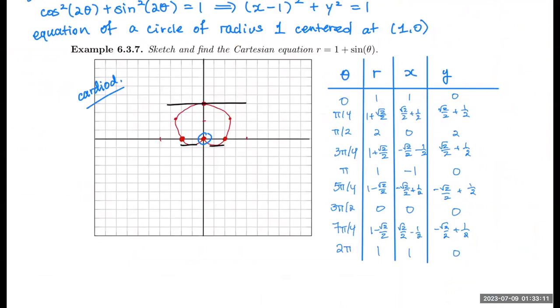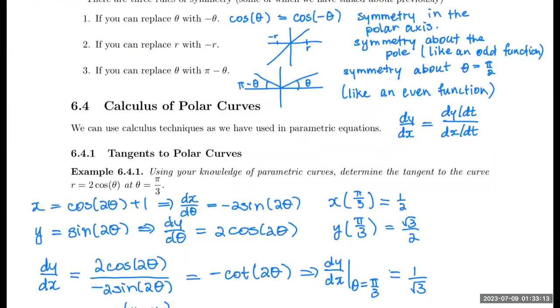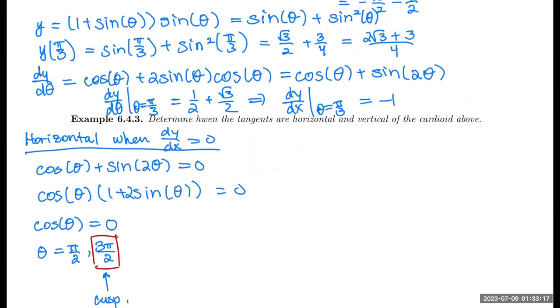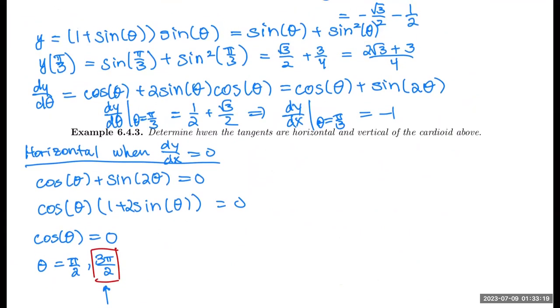All right. So let us find when it's vertical now. For the vertical one, we have to look at the denominator, which is dx divided by d theta, when that is equal to 0.